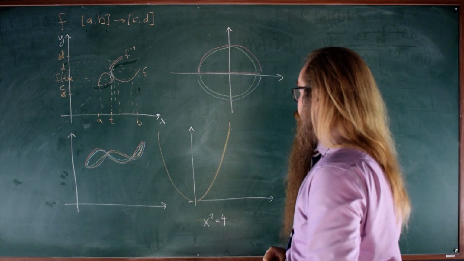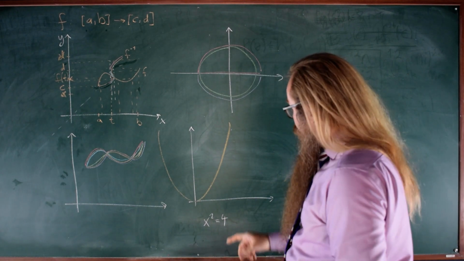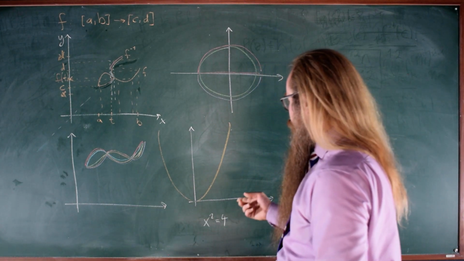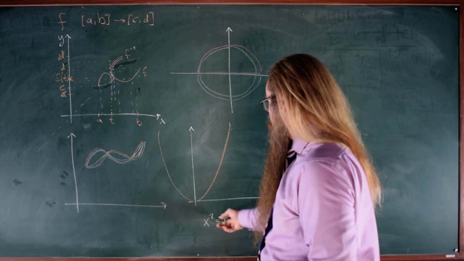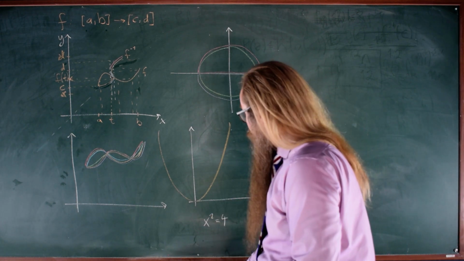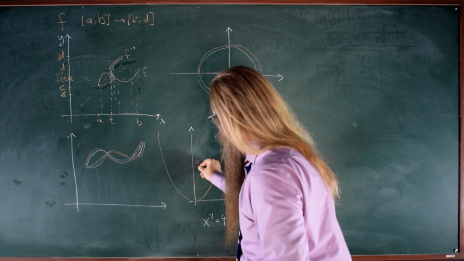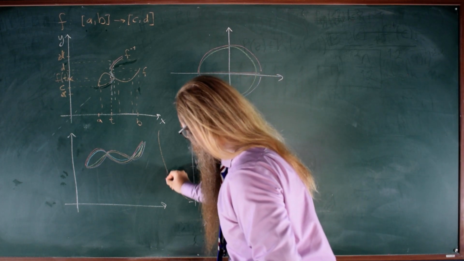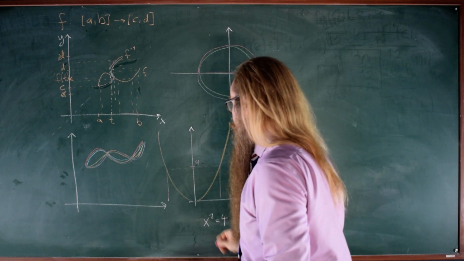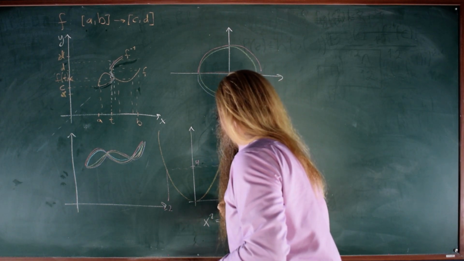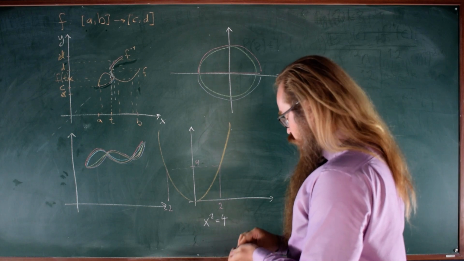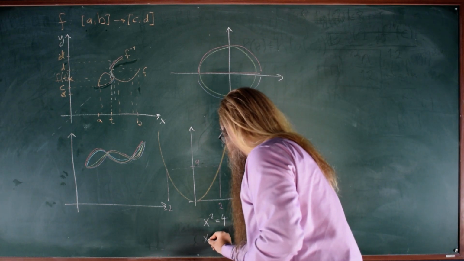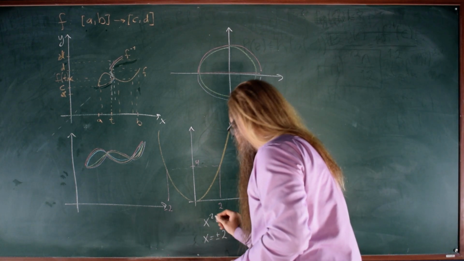It looks something like this. All right? And when you're solving this equation, you're looking for x's where x squared is equal to 4. What you're doing here is you're actually taking 4 here, and then you're doing this horizontal line thing. You find two values that have this property, -2 and 2. So what we know here is that x is equal to ±2.